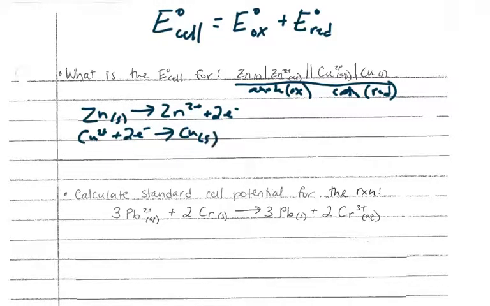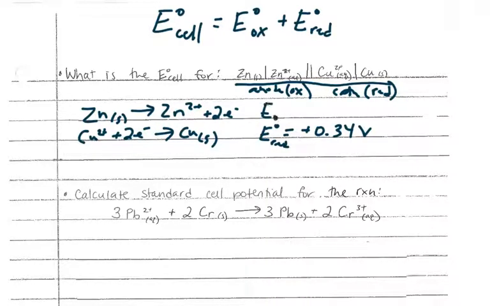So we can look up these half reactions. So on the table 19.1, we can find the potential for this reduction reaction straight on that table, and it's just positive 0.34 volts. All right, so that's the reduction reaction.